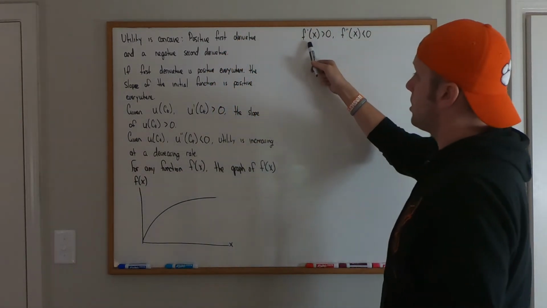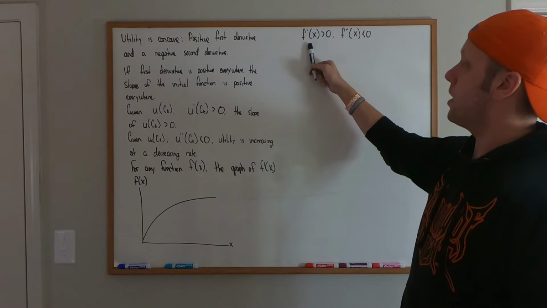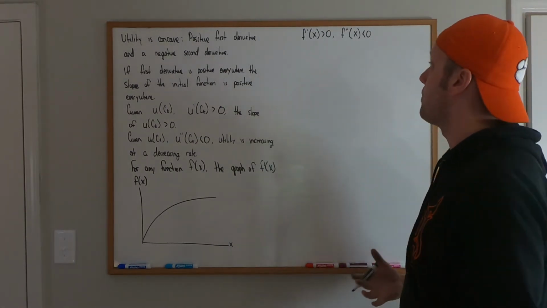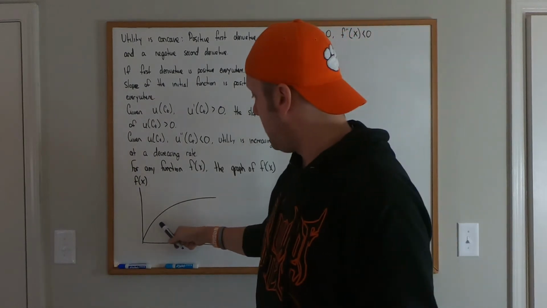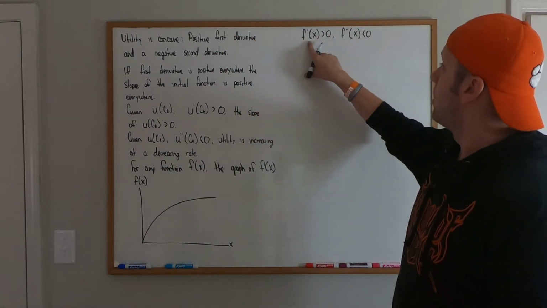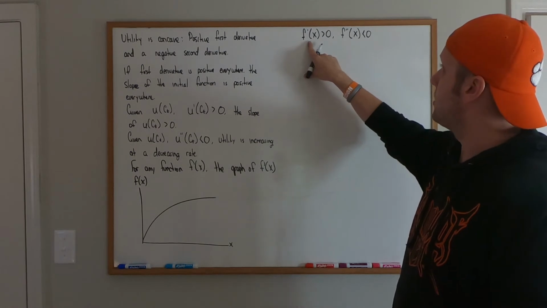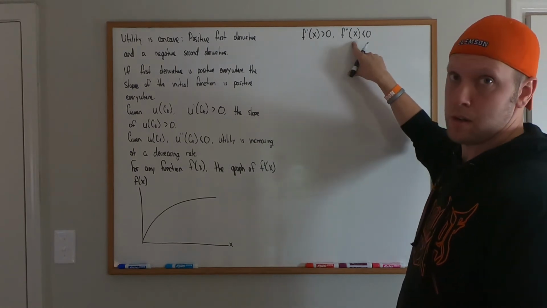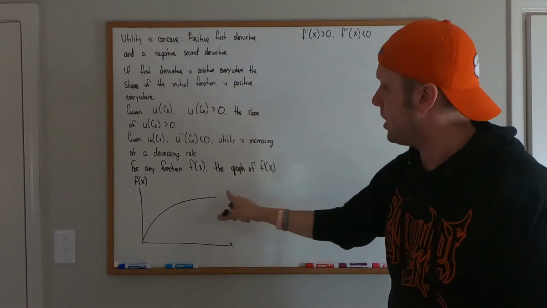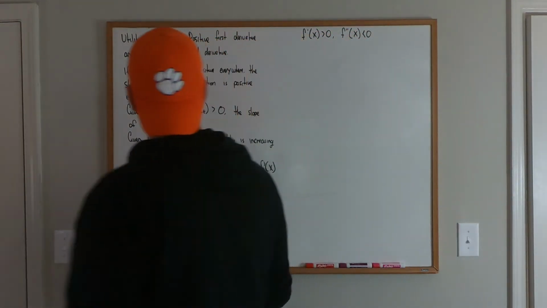It's increasing, so its first derivative, right? Because remember, the first derivative gives the velocity, it gives the rate of change of something, right? It's increasing because it's got an upward slope, so its velocity is positive, but the acceleration, the rate of change of the rate of change, is negative. So it's increasing at a decreasing rate.